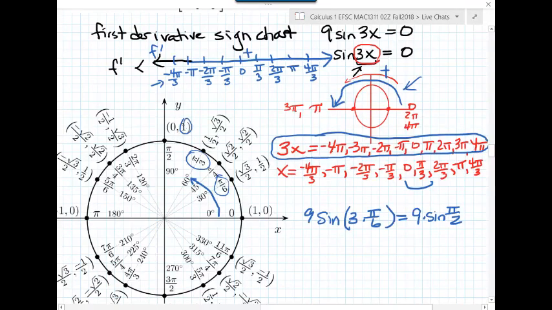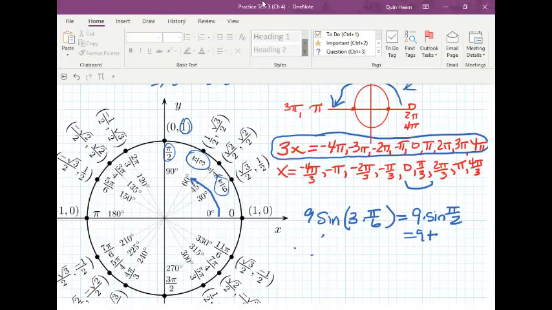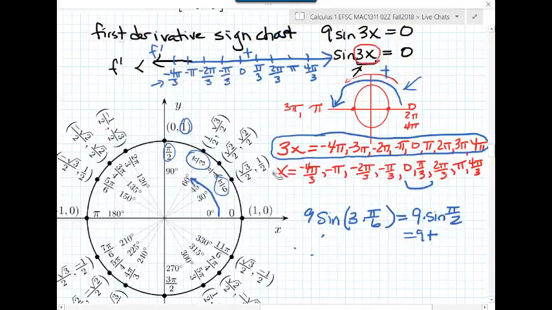So my point is you can think back to this list, and you can think back to the unit circle that we did here, and you can say, okay, so when x is, say, between 0 and pi over 3, that means 3x is between 0 and pi. And between 0 and pi, all of the y values are the sine values, and they're all positive. So between 0 and pi over 3, then, we must have positive values of the derivative.